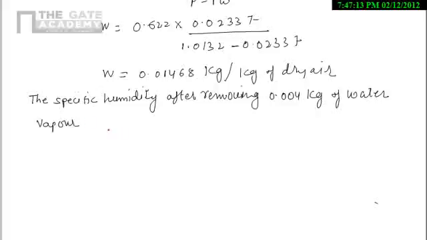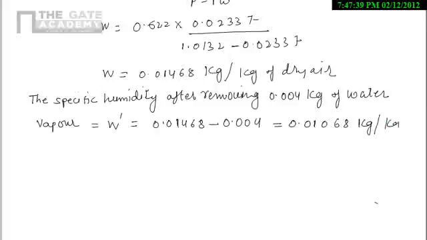Suppose I denote this with W dash, so the specific humidity will be 0.01468, that is the initial, and we have to remove 0.004. So now the W dash will be 0.01068 kg per kg of dry air. So this is the W dash, and now the temperature that is given is 20 degrees centigrade.